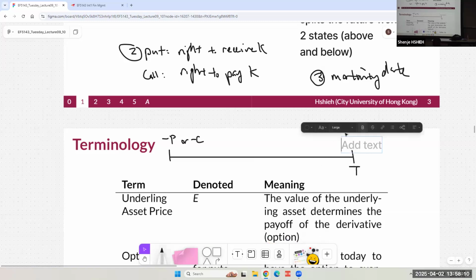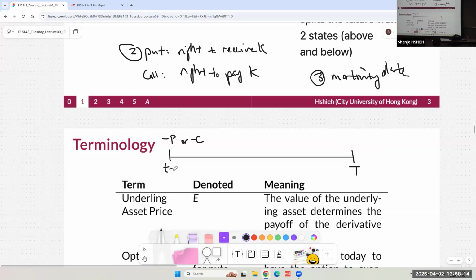At capital T, so this is small t equals 0, okay? Small t equals T. Then if you're a put, your payoff is max of K minus ET, 0. Because you are receiving K, but you're going to try to buy back cheaper.